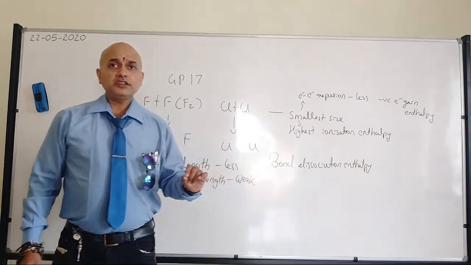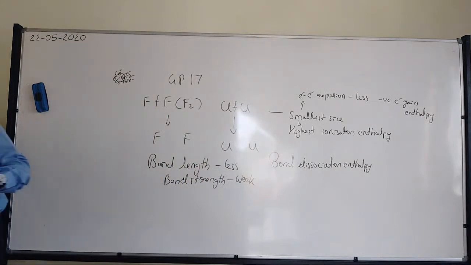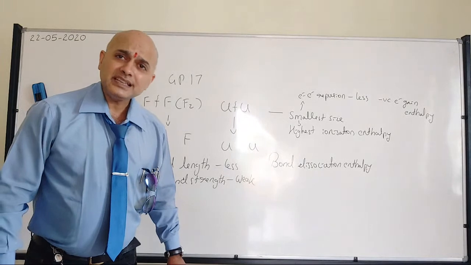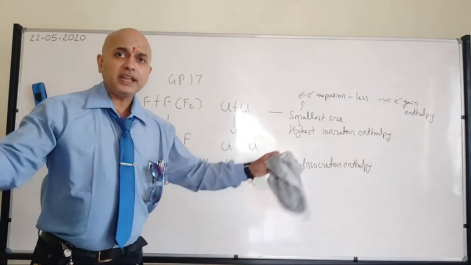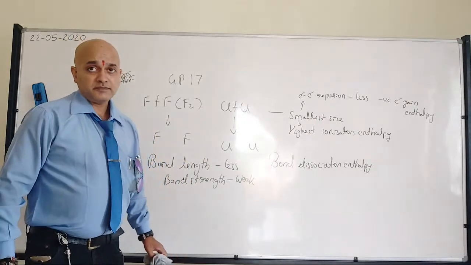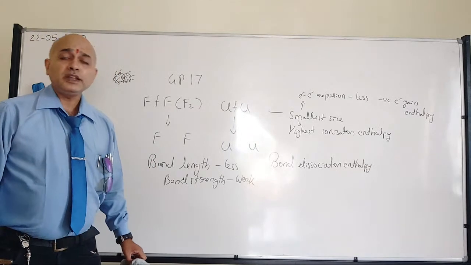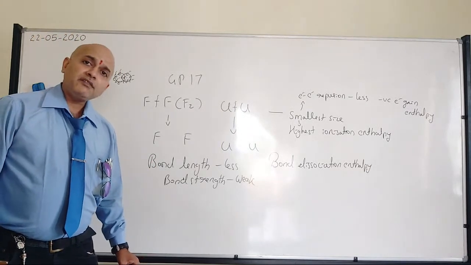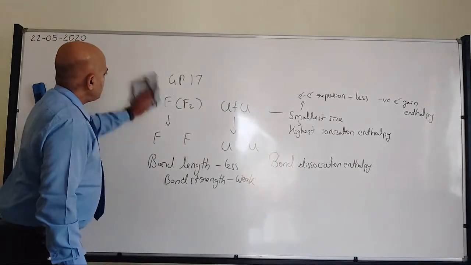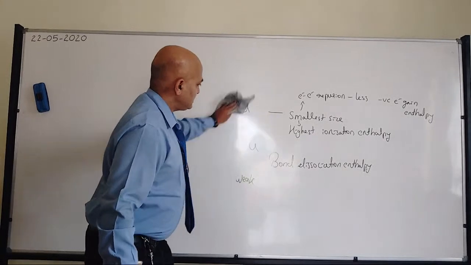All of you have understood? Fine. So the bond dissociation enthalpy of fluorine is once again very low. That means very little energy is required to break the bond between the fluorine atoms in a fluorine molecule compared to the chlorine molecule. All of you have understood? Fine. Now if I want to brief it out, I will come to another important concept related to this.